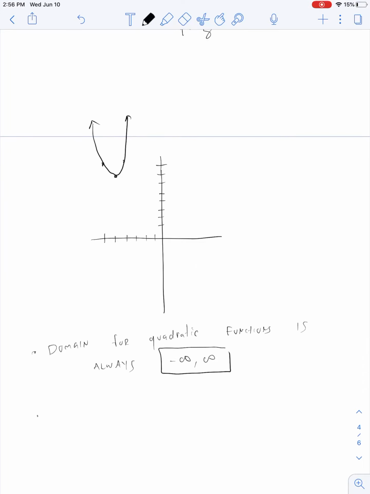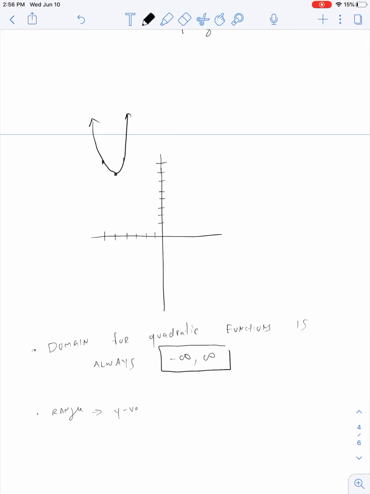The range. All right, remember range is your y values. Let's not forget domain stands for x values. Range is the y values. So if we take a look here, when the graph goes like this, it will always be open bracket, y value, comma, infinity with parentheses.